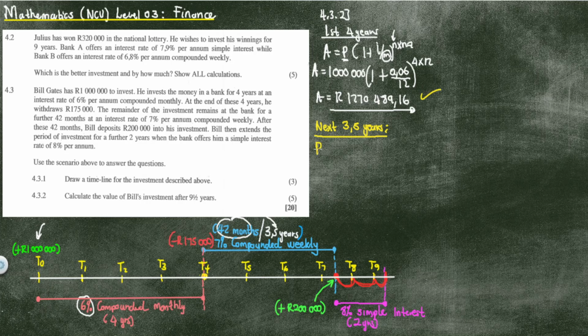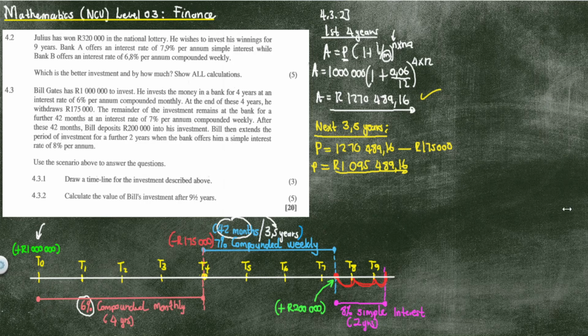So the new principal amount is 1,270,489.16 minus 175,123. So the final answer here is 1,095,366.16. So this is our answer.